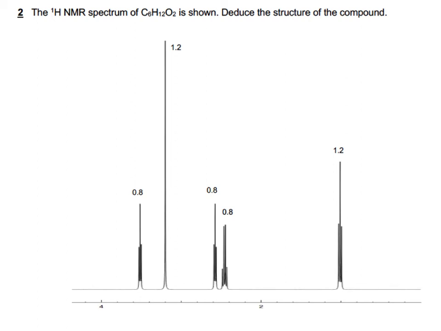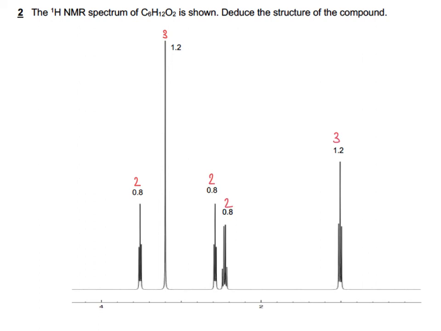So as before, let's think about the highest common factor that we can divide into all of these integration values. So we've got 0.8 and 1.2. There's only those 2 values to get whole integers. So 0.4 is the highest common factor. So we're going to get 2, 3, 2, 2, and then 3.